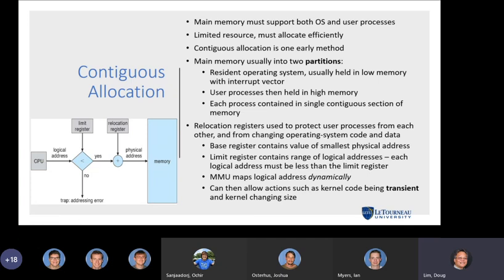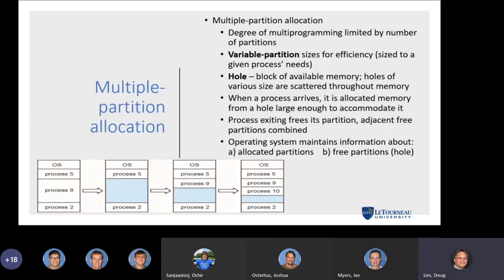But as I hinted at earlier, other schemes have been developed that are a little more refined. One concept is multiple partition allocation. The degree of multiprogramming is limited by the number of partitions.